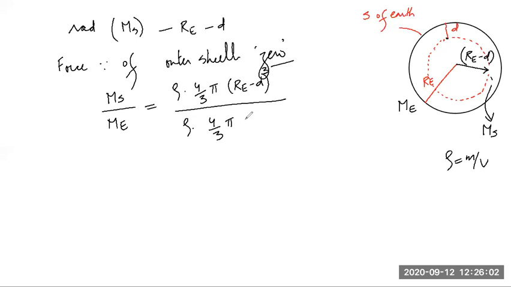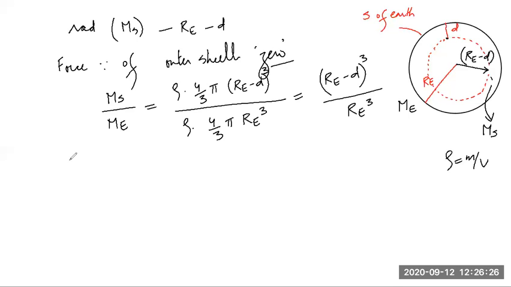What is the radius of Earth, Ishma? Re. So it will be Re cube. Is this right? So this is equal to Re minus d whole cube divided by Re cube. Very simple. All right. Having done this, we go further.